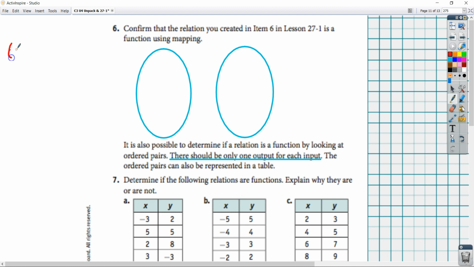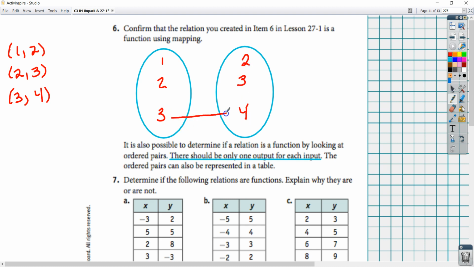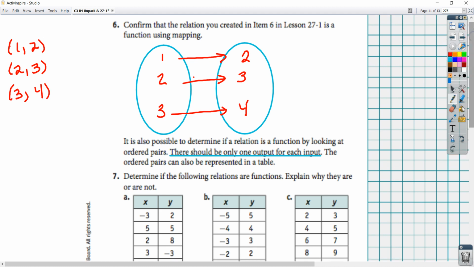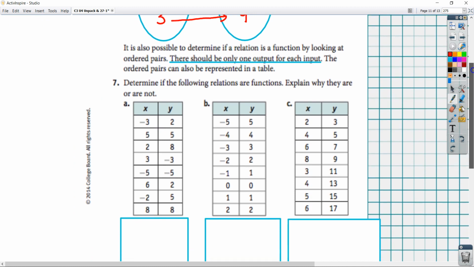So, we're just going to make up some points. Alright, I just made up some points, so now I'm going to map them. My x's go here, my y's go here, and then I draw my arrows to the pairs. You can map the function that you made if you want to.